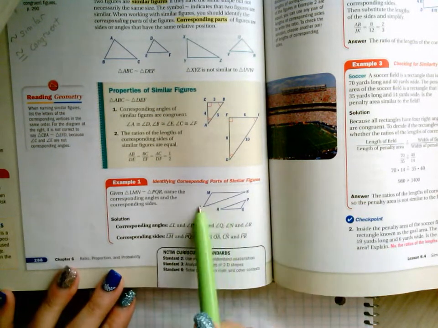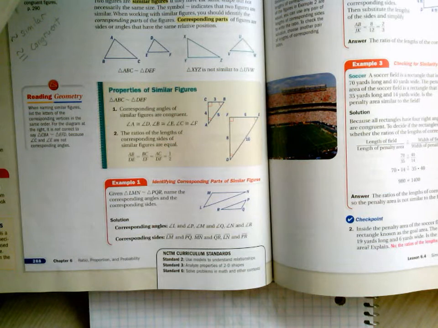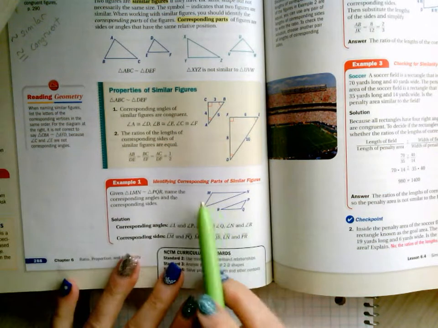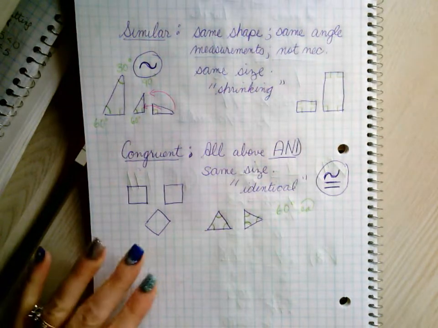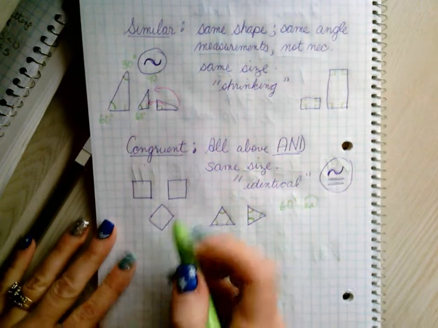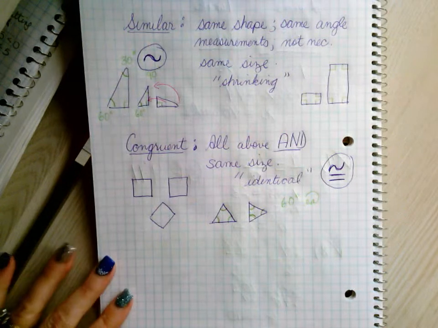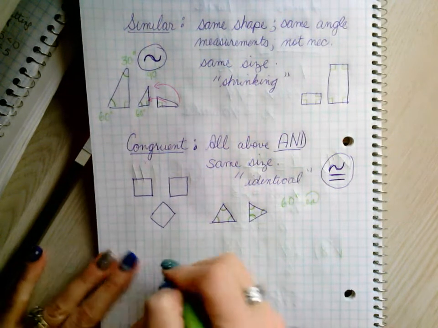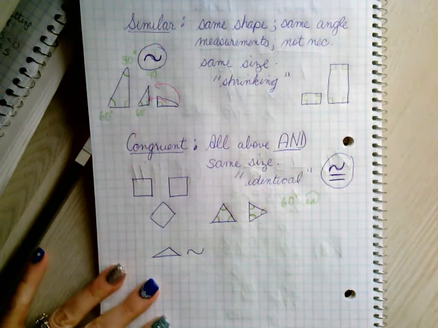Even if the shapes are not laid the same way, if you flip them so that they appear to be arranged the same way, you'll be able to figure out what matches with what. And that's where example 1 takes us. Okay? Example 1 says LMN is squiggle PQR. Does that mean similar or congruent? Similar. Okay.